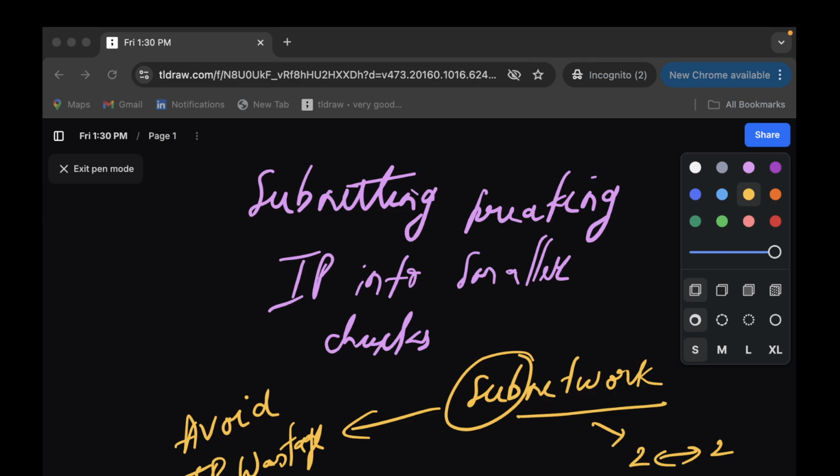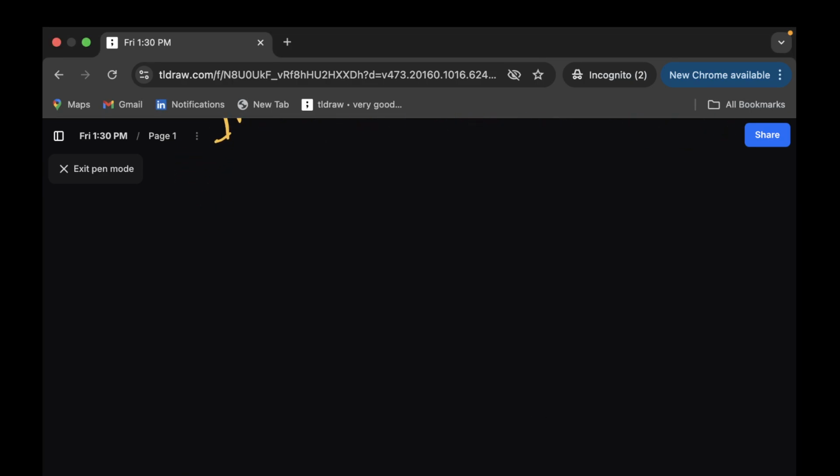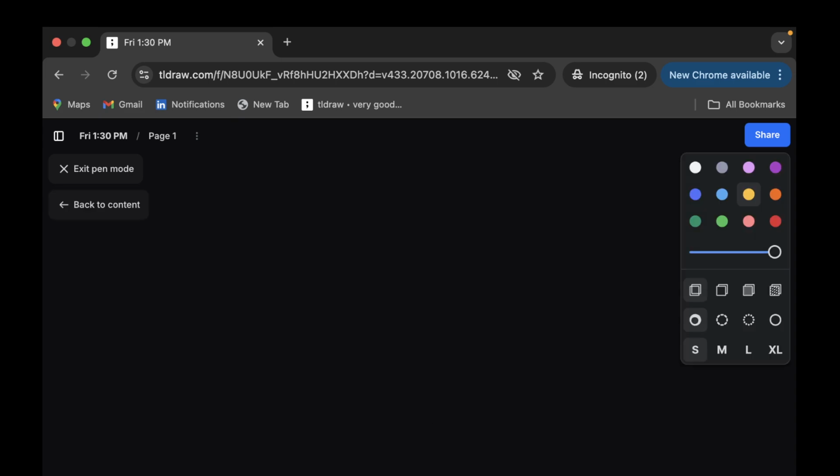Now let's see how we are going to do subnetting. Instead of using the entire address as the network address, we split the IP address into two parts. If you consider a system, there are two things that we need to identify.